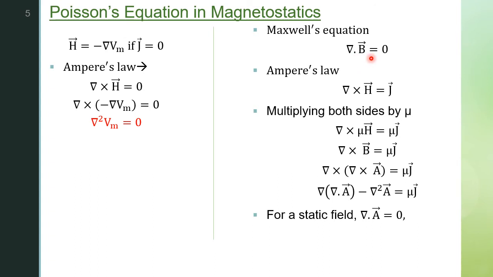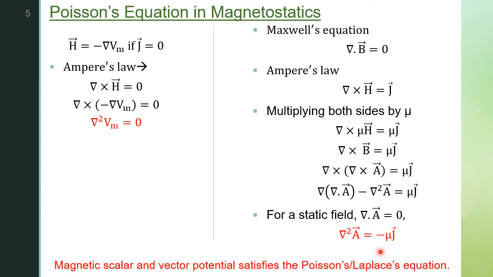Similar to del dot B equal to 0, this del dot A will also be equal to 0 for magnetostatics. On substituting that, you get del square A equal to minus mu J, which is the Poisson's equation satisfied by the magnetic vector potential. So the magnetic scalar and vector potentials satisfy the Poisson's or Laplace equation.